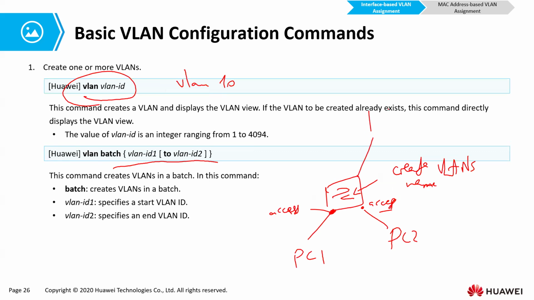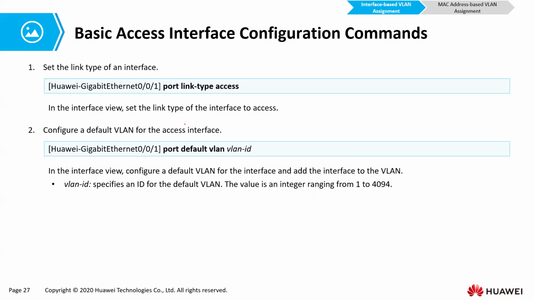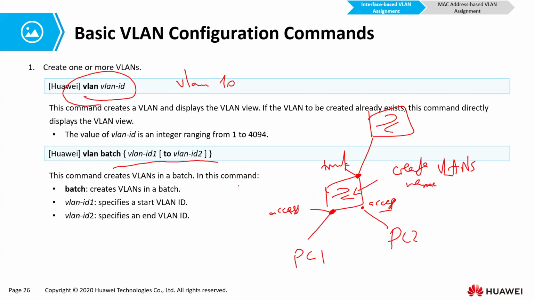If it is going to another switch, then you configure the interface mode as trunk, and this is where you set port link type. Then here you assign your port its VLAN ID, the PVID. So I set my access port PVID 10, PVID 20, PVID 1 by default. Let's put 100 here.